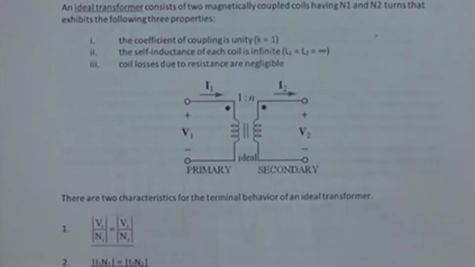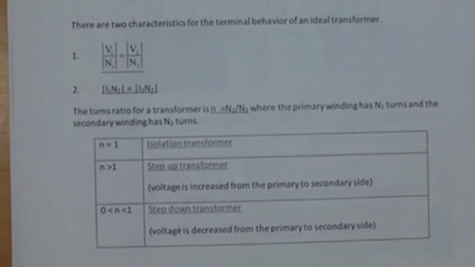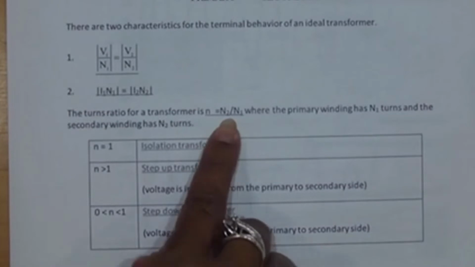There are two characteristics for an ideal transformer. One of them is that V1 over N1 equals V2 over N2. That's absolute value because current could be negative or positive, just like voltage could be negative or positive. The other one is I1 N1 equals I2 N2, where that ratio n can be represented as N2 over N1.